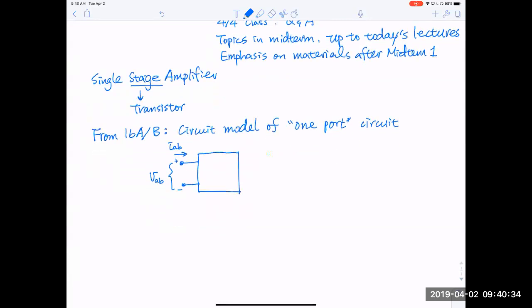Sometimes it's convenient to simplify a whole block of circuits by a very simple equivalent circuit. There are 2 common equivalent circuits that are used. One is the Thevenin equivalent circuit. How many people remember the Thevenin equivalent circuit? You do? Was it taught in 16AB? Okay, all right.